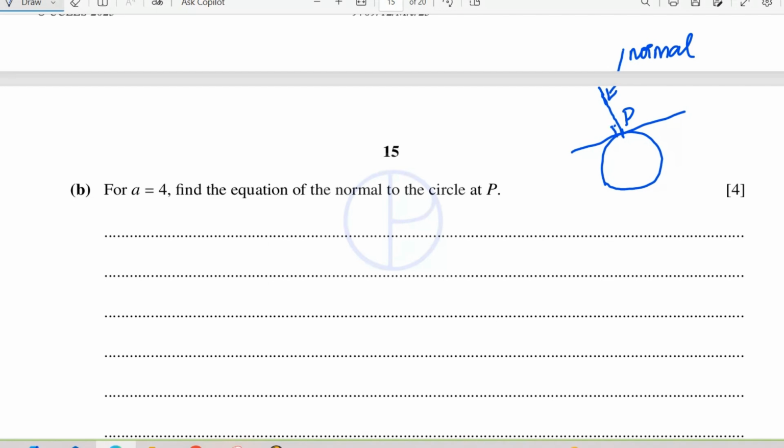This is actually perpendicular. So to find the equation of the normal, first we need to know the gradient of the normal.